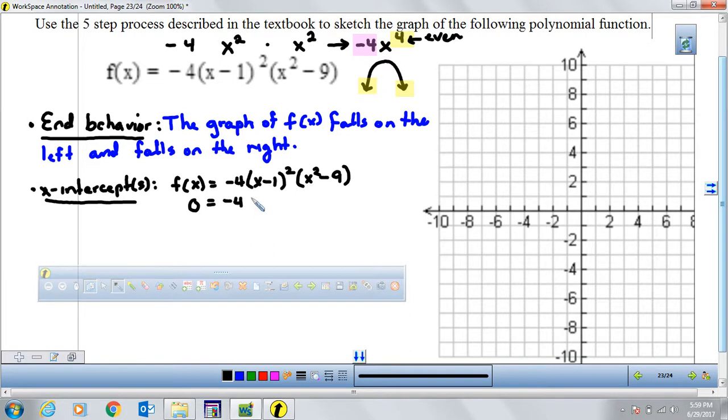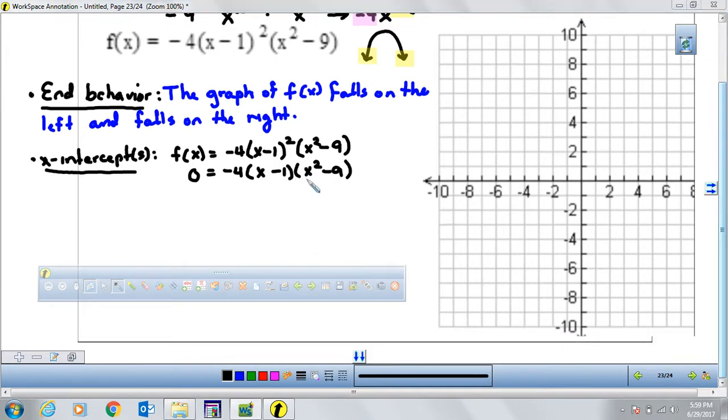There's only one expression that must be factored, which is x squared minus 9, because that's a difference of squares: a squared, which is x squared, minus b squared, which is 3 squared. So the factors are x plus 3 times x minus 3, which is a plus b times a minus b. And then of course this parenthesis squared and the -4 in the front.